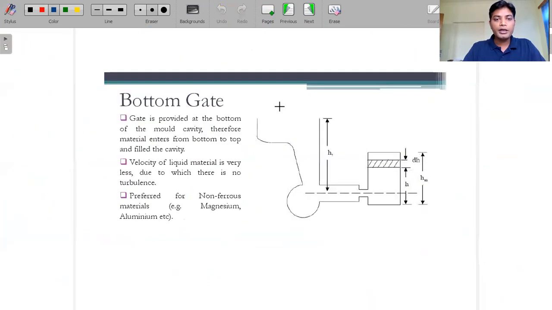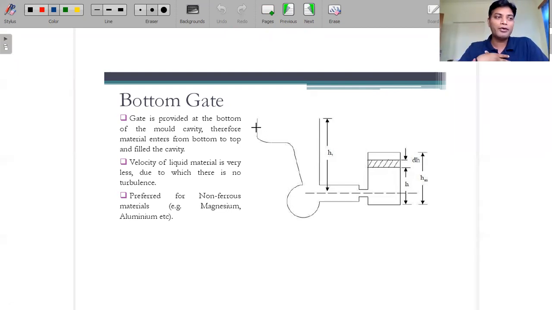Now let's move to the next one, which is a bottom gate. Okay, so this is the bottom gate, and we are going to design it. Now here guys, there are many things related to designing. Whenever you are designing, always say on what basis, what criteria and what parameters we are taking.